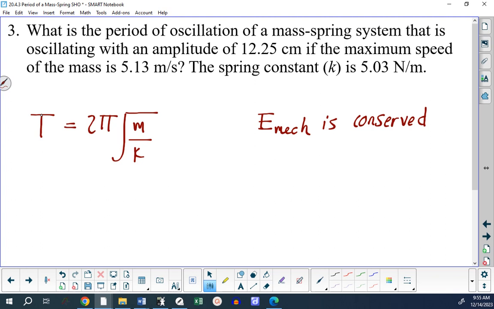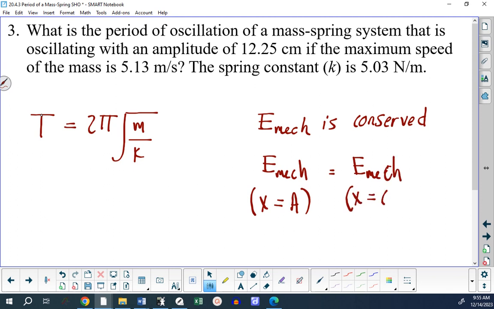Any type of simple harmonic motion or oscillator that we deal with in high school physics is frictionless. So mechanical energy is conserved. That means that the mechanical energy at x equals a and the mechanical energy at x equals 0 must be the same.